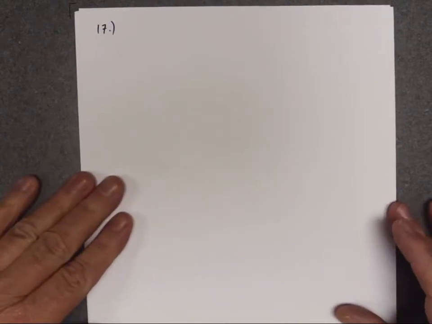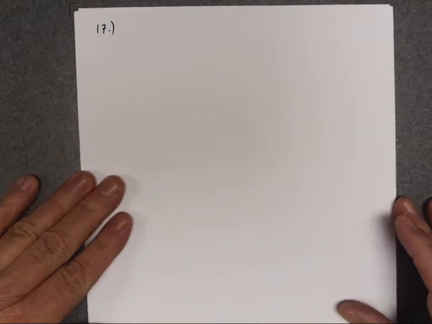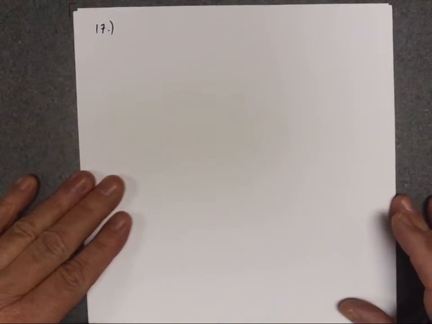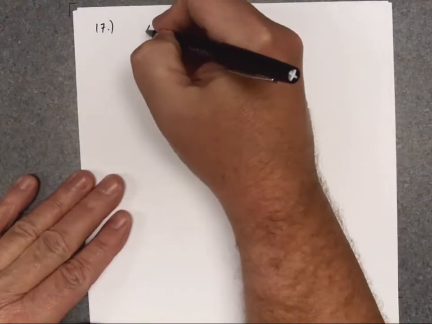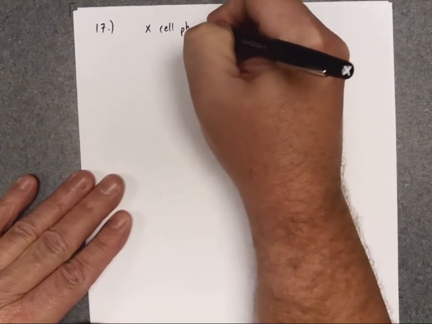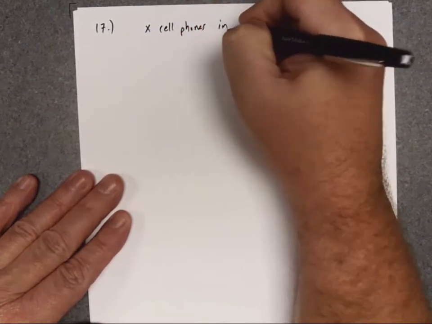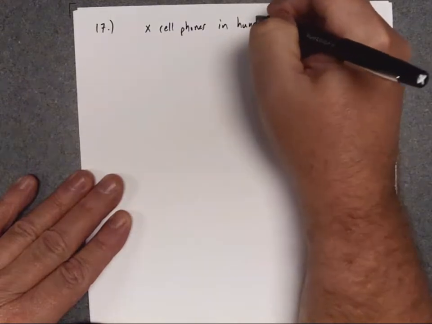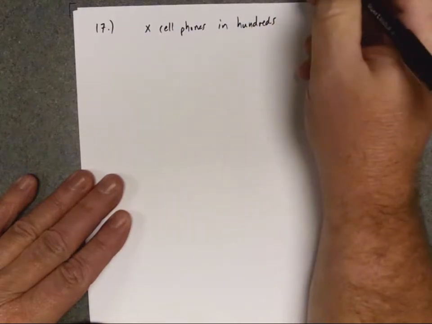The first thing I want you to realize is they say, suppose that the revenue R in dollars from selling X cell phones in hundreds. What does that mean, X cell phones? And then they use the phrase in hundreds.